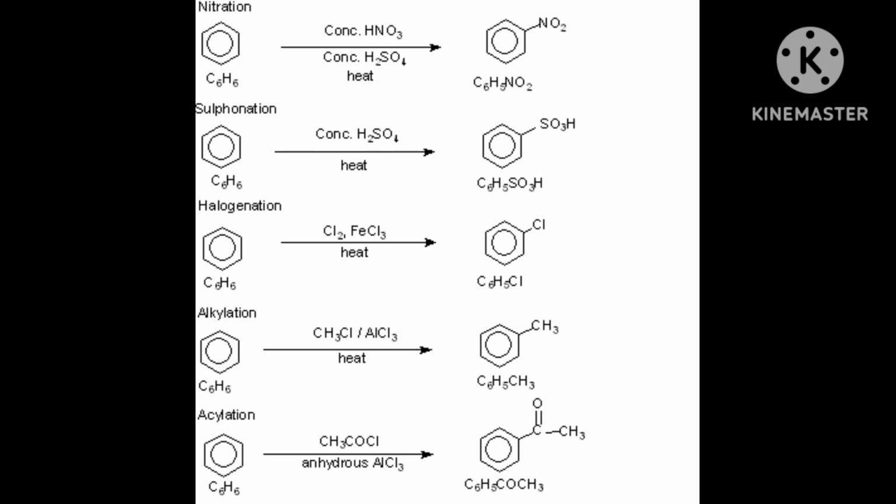Because when the bond breaks, one CH3CO will get a positive charge. Carbon will get positive charge. When this bond breaks, one will get positive charge, other will get negative. Then the oxygen part will be negative. Correct? Then that C will be positive and the other part will be negative.